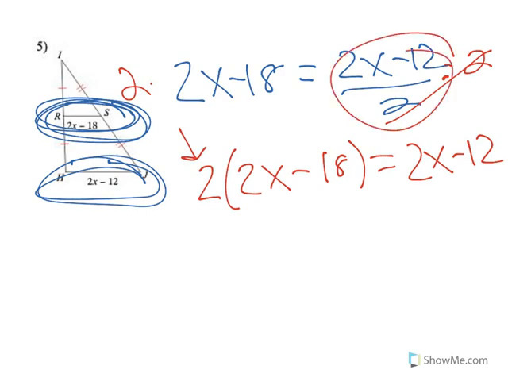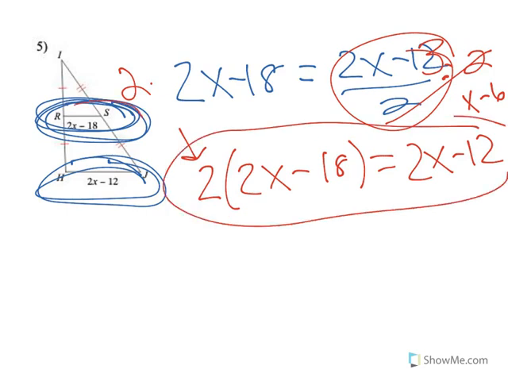Because yes, this really becomes x minus 6, but a lot of us don't see that, and sometimes that won't happen. If this was a 13, you couldn't do that, okay? So for a lot of us, this way of thinking about it, twice the midsegment equals the third side, makes a little bit more sense to our brains, okay?